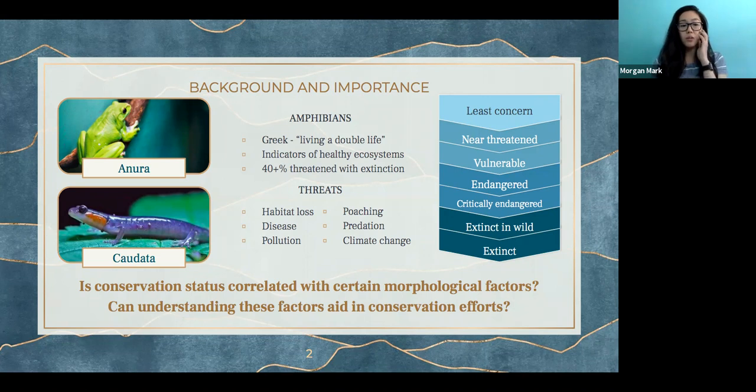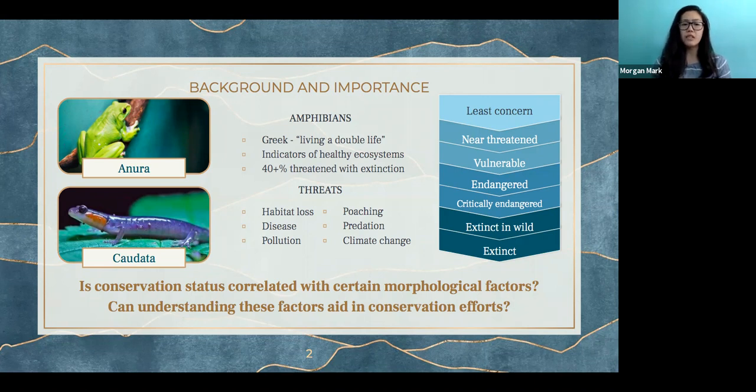This is also important given the fact that almost 50% of amphibians are threatened with extinction, which has been due to a variety of factors, including habitat loss, which is directly a result of human activity, as well as disease and pollution, amongst other factors.